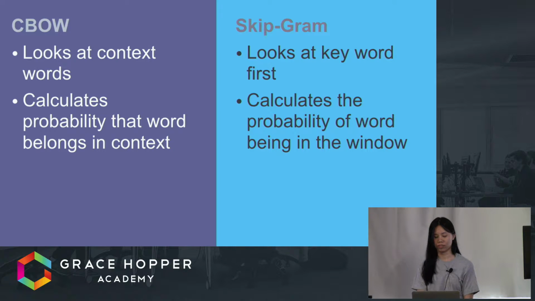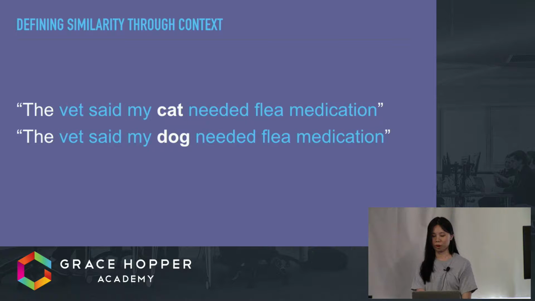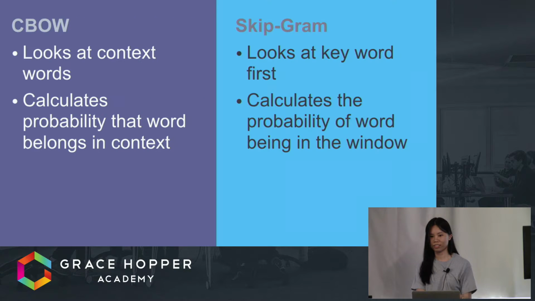So for example, for king, queen, and princess, the context would probably include maybe court or crown or beheading. And woman probably would not have those context words.